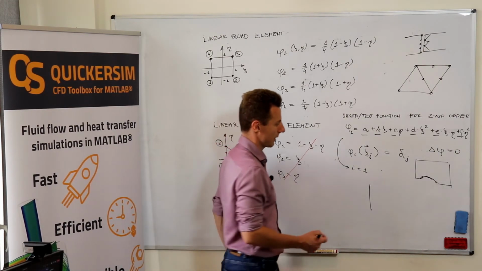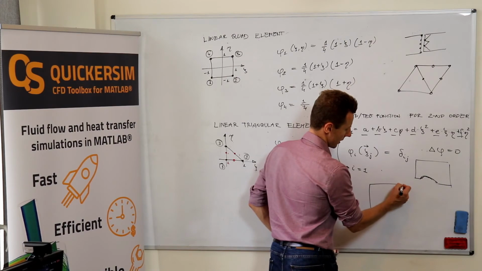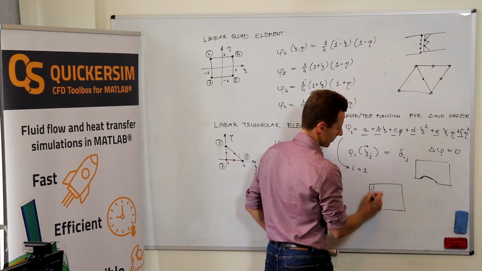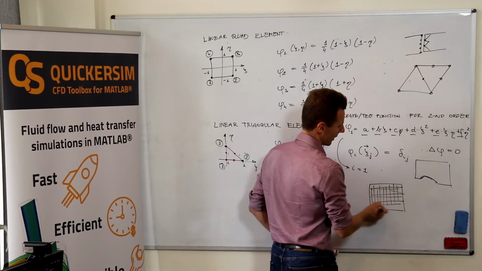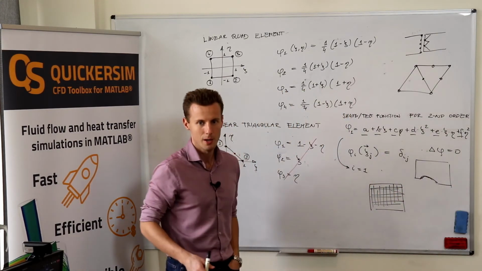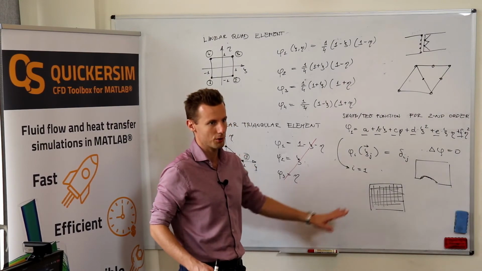So what people have come up with is, you can imagine that you would have some background mesh, Cartesian or not, whatever this can be, but one mesh which is constant in time.